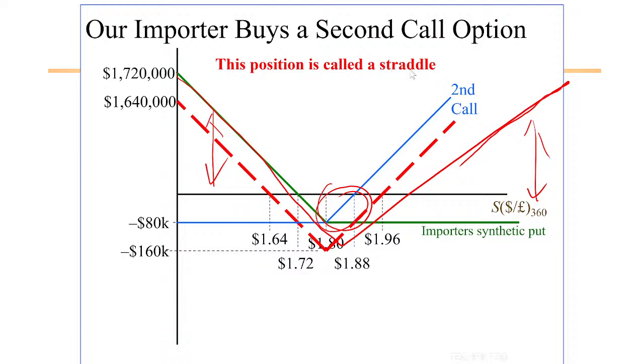So this straddle has three things there: an unhedged position in foreign currency payables, a call option, and a second call option. And the payoff chart is this V-shaped. It's a straddle type. Okay, so if it goes up big time, goes down big time, you win. If it doesn't move a lot, then you lose the option premiums.